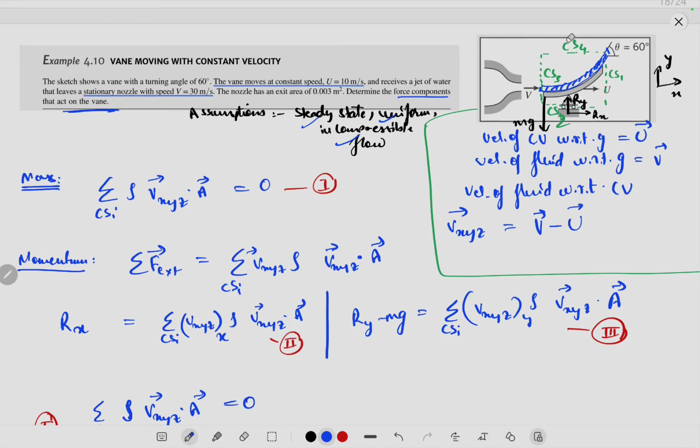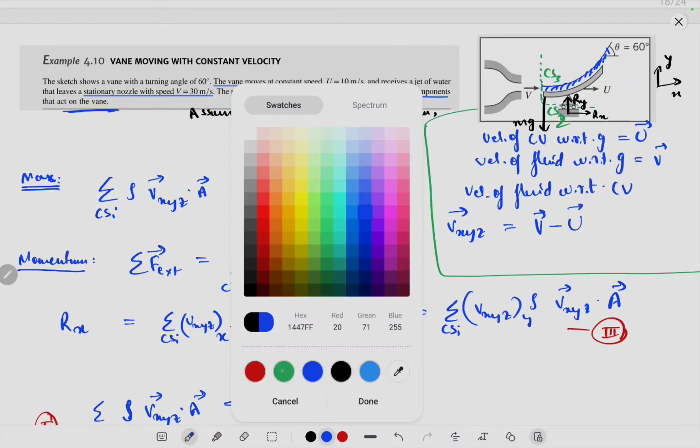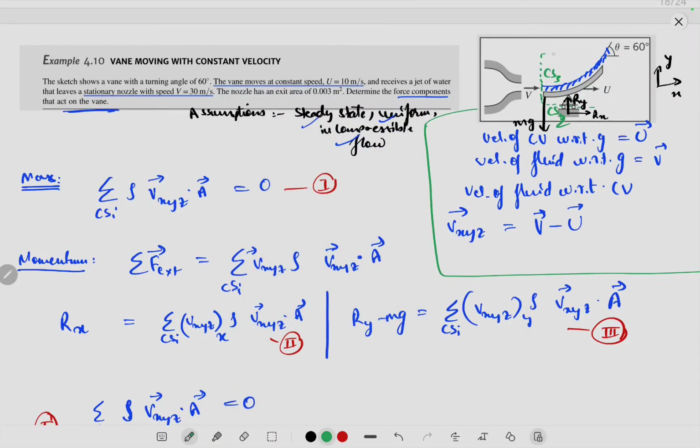So instead of defining the control volume like this, the better way of defining it is like this. If I draw it like this, and like that, this will make life easy. So let's say this is CS1, CS2, CS3, CS4, and CS5.